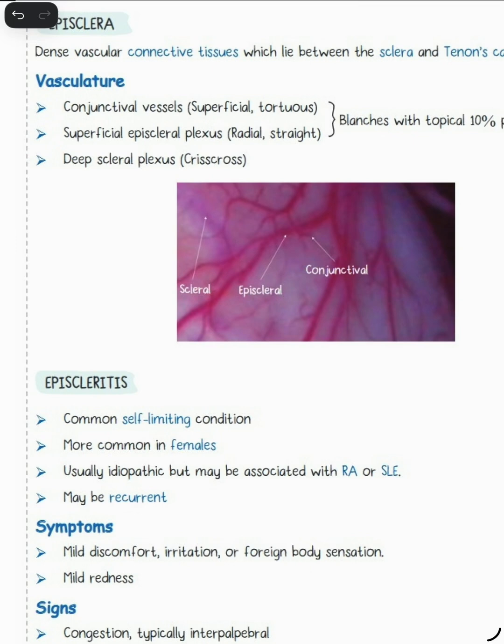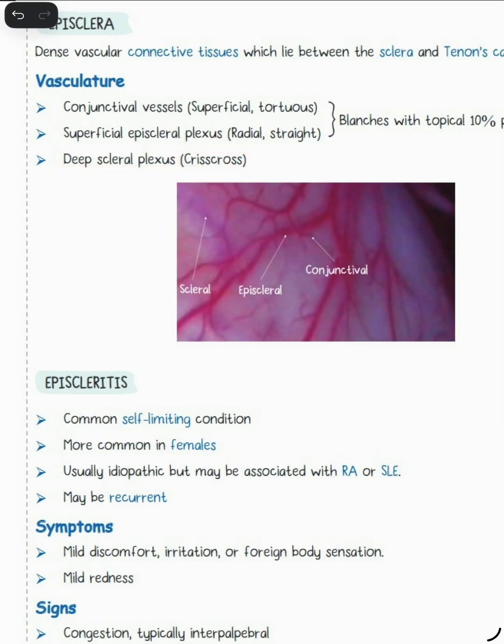The superficial tortuous blood vessels are the conjunctival blood vessels, and the straight radial blood vessels are the superficial episcleral plexus, and the deep scleral plexus is arranged in a crisscross fashion. So this is one way to recognize.